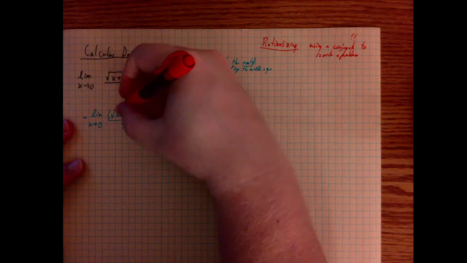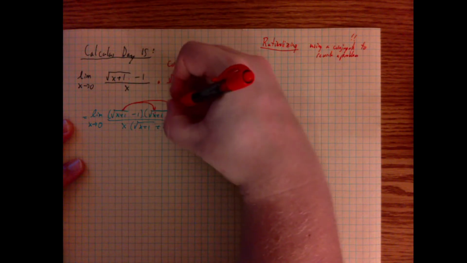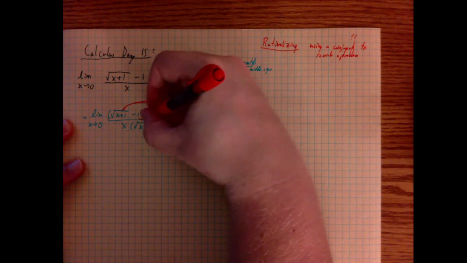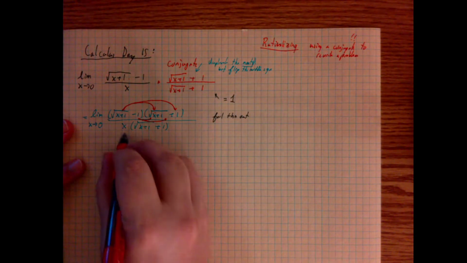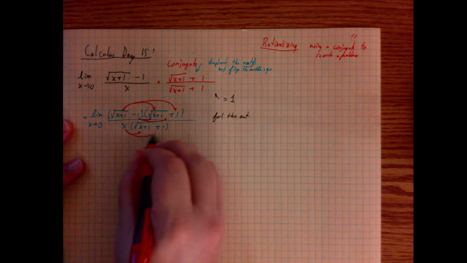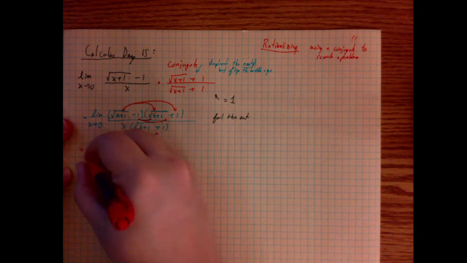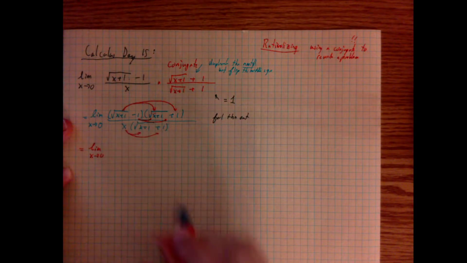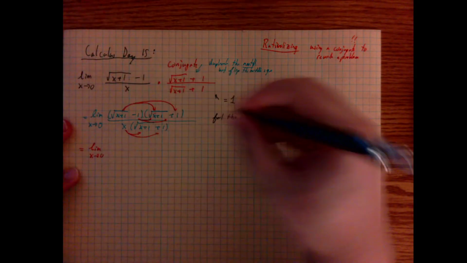So that's what I'm going to do. I'm going to take this piece times the first piece and the second piece. The negative 1 times the first piece and the second piece. And on bottom, I'm going to do the same thing. I'm going to take x times the first piece and x in the second piece. It's going to give me a new limit. Well, new being relative. And I will note, you should probably FOIL out the top.